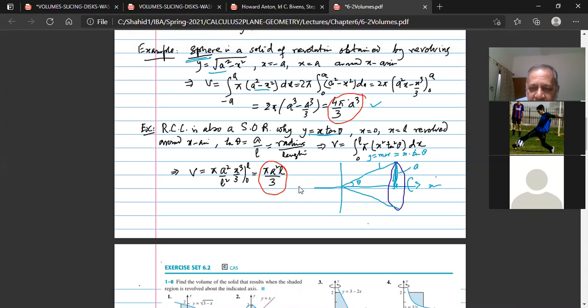The radius of the base over the length, so A upon L. Integrating x squared, we get x cubed by 3, pi times constant A square upon L square times x cubed by 3, and we get the same formula.